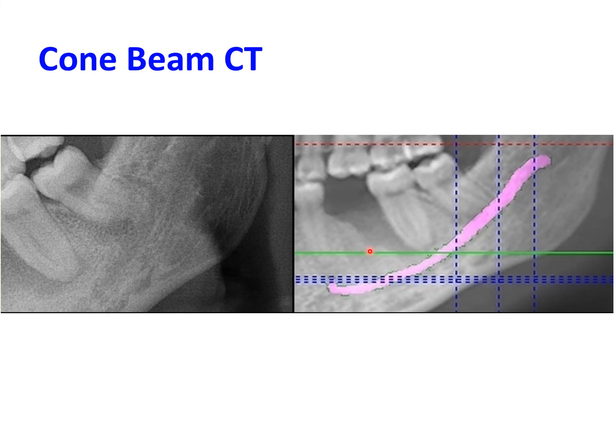Like any investigation, you should have a clear indication to perform this investigation, because not only is there a higher cost for the patient, but also a much higher radiation dose. So if a cone beam CT is unlikely to influence your treatment plan, you might need to think if you actually need one.